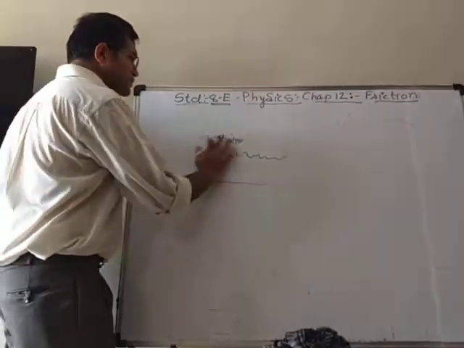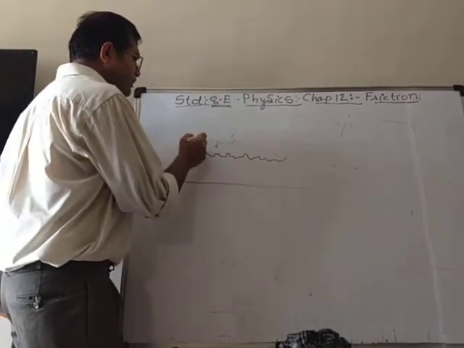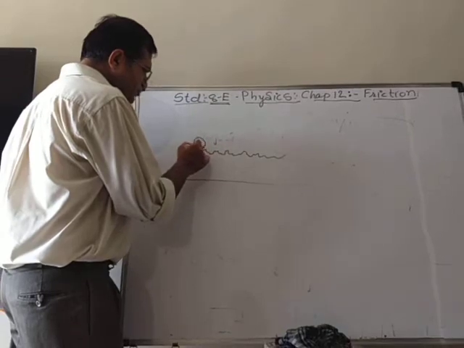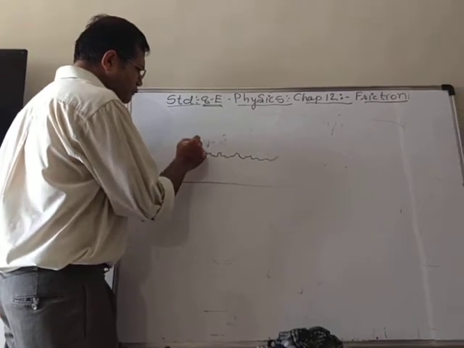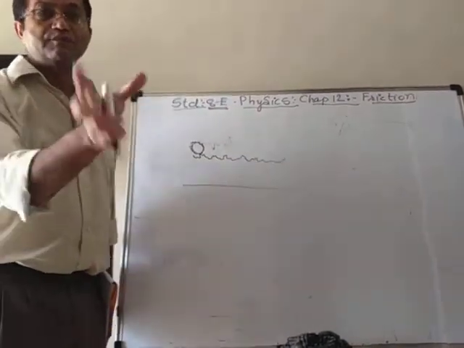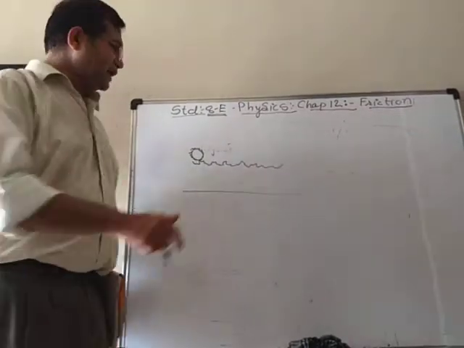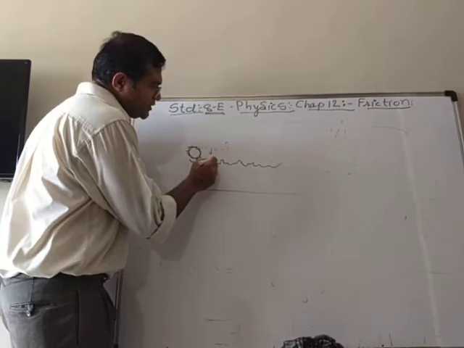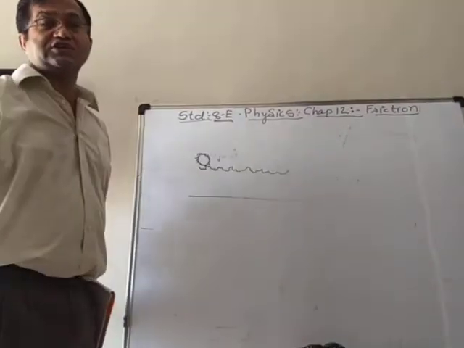Suppose you are rolling that ball here. On the surface of the ball, there will be small irregularities if you feel it. Then when it is rolling, there are irregularities and there are irregularities. They are locking each other.